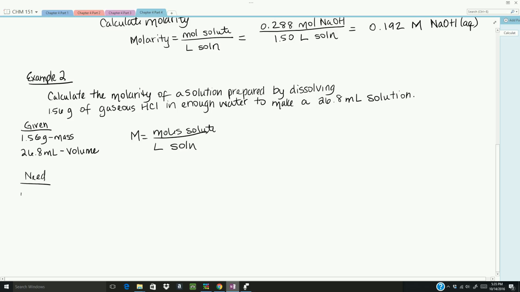We need our moles of HCl, and then we need our volume in liters, so we need to convert from milliliters to liters. Step 1, we're going to find moles of HCl.